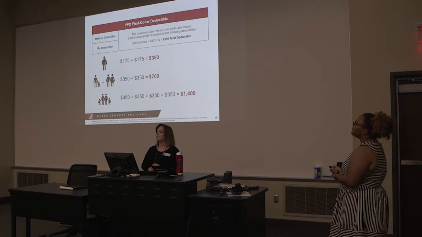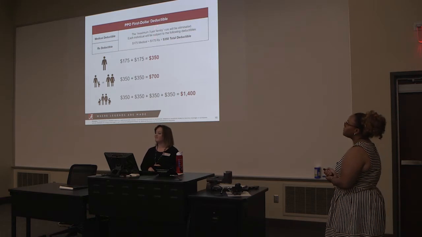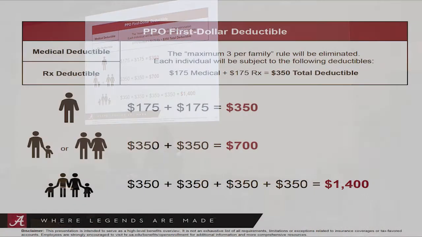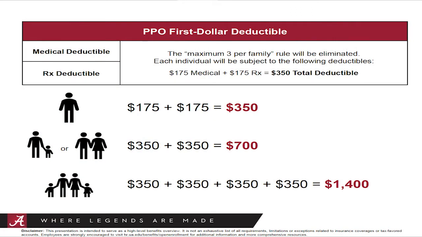Another big change is the PPO first dollar deductible. Under our current plan, that $350 deductible applies to a maximum of 3 per family. So if you have yourself, a spouse, and 2 children covered under your plan currently, you only have the potential of meeting that deductible for a maximum of 3 per family. Well, beginning in 2019, that deductible is going to apply to each individual member covered under your plan.